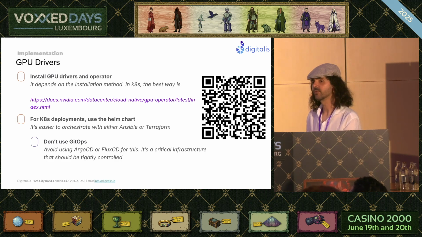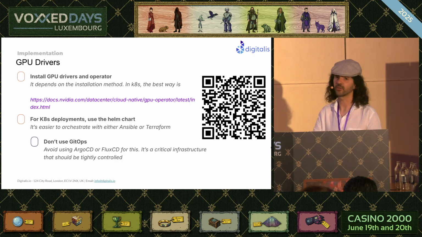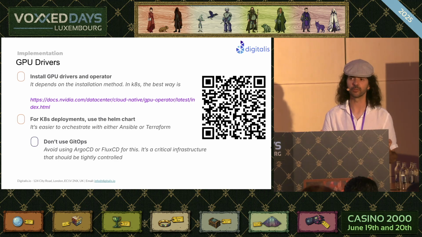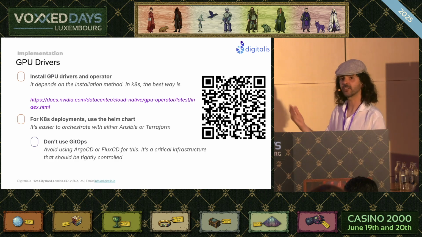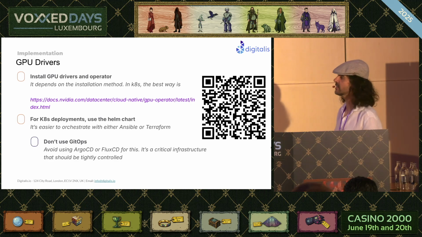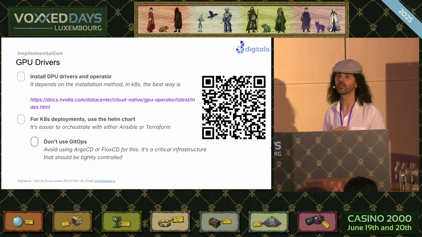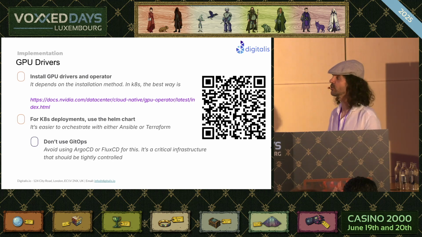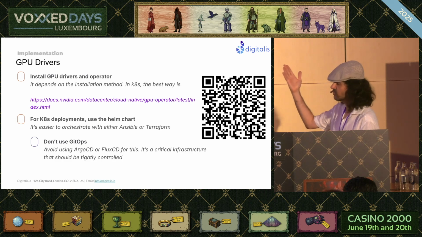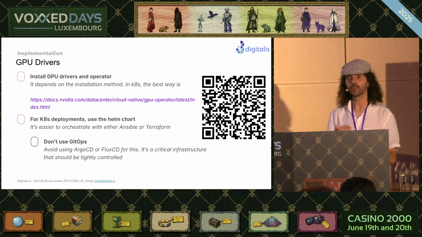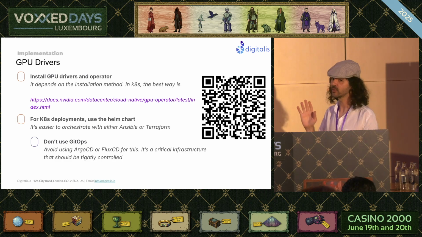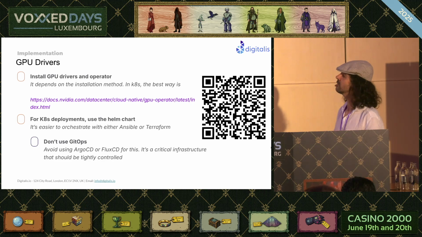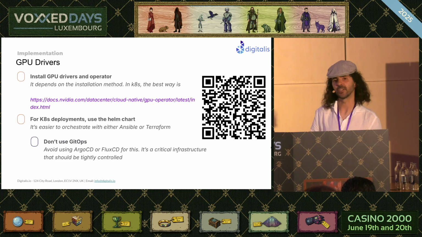Avoid using GitOps for the core components. That's something I learned the hard way. GitOps is fantastic for your software, like your websites and APIs. It's not good for anything that is very core to your infrastructure, like drivers. When GitOps goes wrong, and I've seen it go wrong many times, it may delete everything.